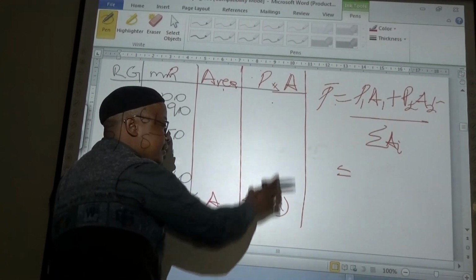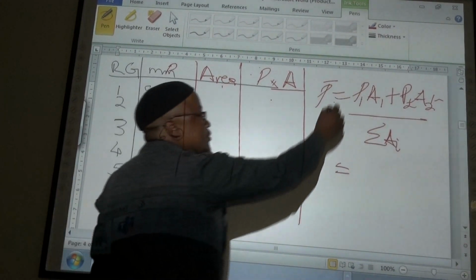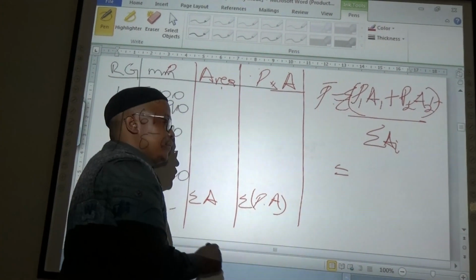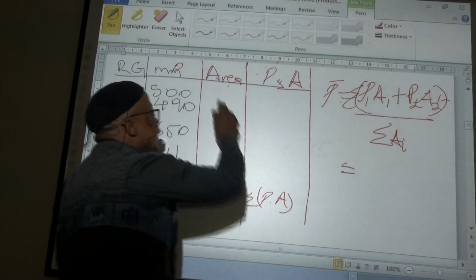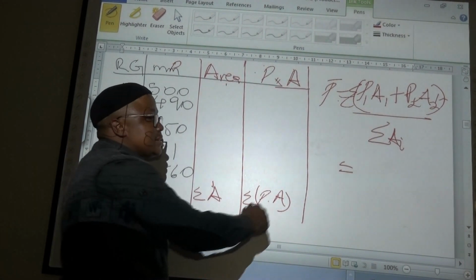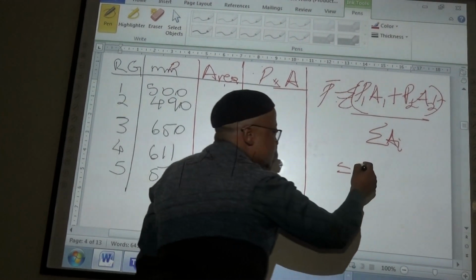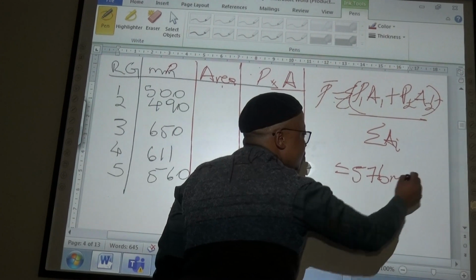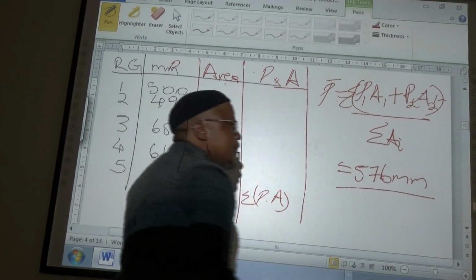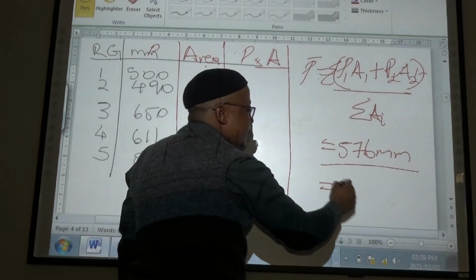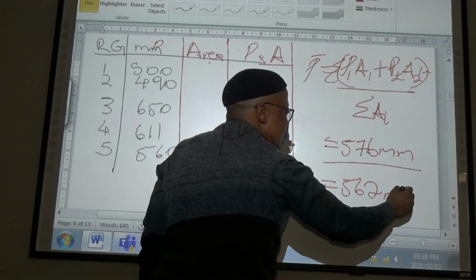After you've determined the sum of that, it goes on top there. And the sum of the areas themselves goes at the bottom, you see. So that is what you do to determine the Thiessen method and get the value of 576 millimeters, whereas in the other one, we got about 562 millimeters.